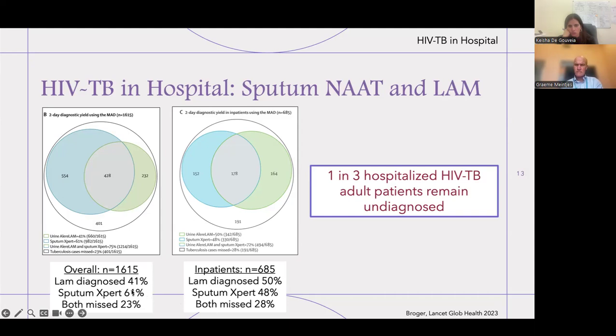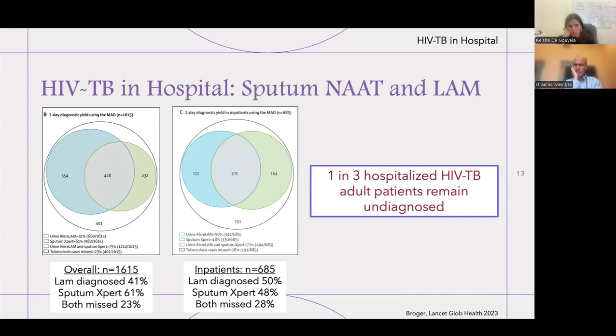Sputum Xpert overall could diagnose 61% of patients within 2 days, but this dropped off quite a bit in the blue circle to 48% in inpatients. That's primarily because these patients are very ill and less able to produce a sputum sample, or certainly less able to produce it quickly.